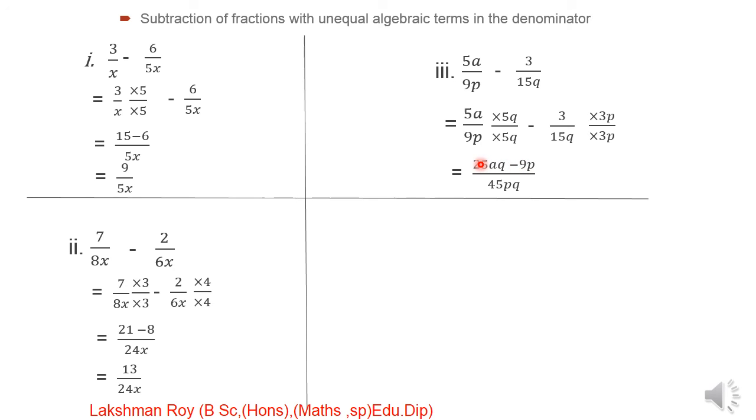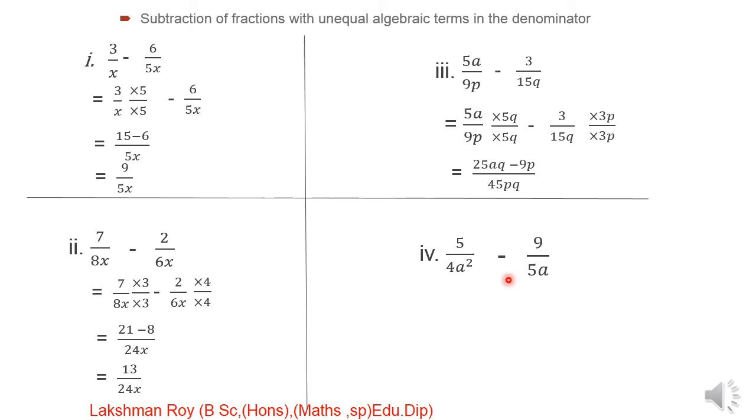Let's see another example: 5 over 4a square, and I want to subtract 9 over 5a. The denominators are not equal, so find the LCM, and you get 20a square.